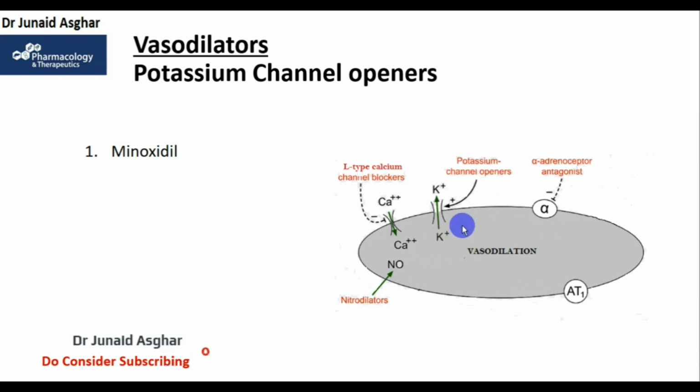Now, as this happens, the voltage gated calcium channels here will close down, and in this way the intracellular calcium will decrease. Now, with less calcium inside, the smooth muscles will relax or dilate. Thus, minoxidil will reduce the systemic vascular resistance and thus the blood pressure.